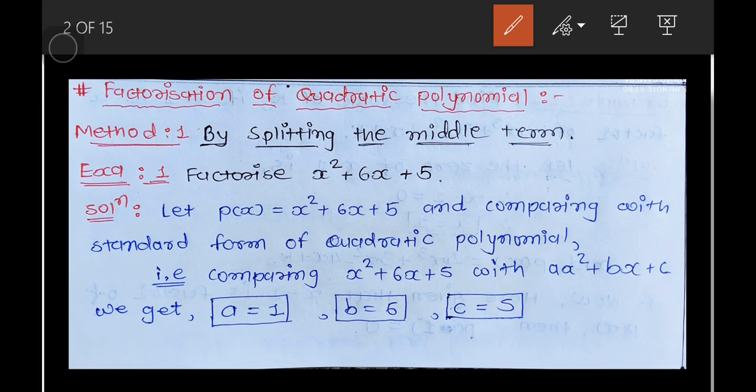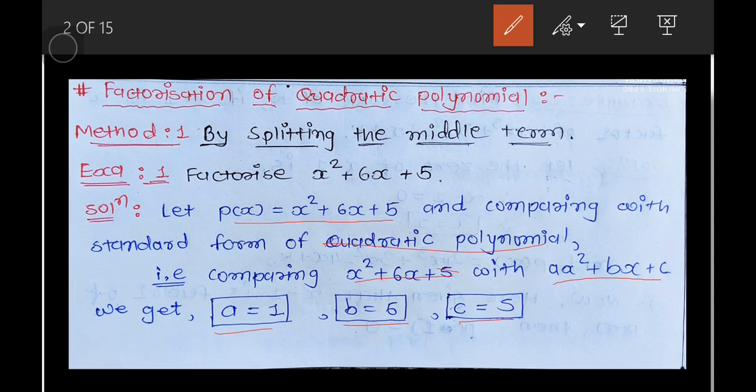Solution: let p of x is equal to x square plus 6x plus 5, and now we compare it with the standard form of quadratic polynomial, that is, comparing x square plus 6x plus 5 with ax square plus bx plus c, and we get a is equal to 1, b is equal to 6, and c is equal to 5. Now we use some steps to split the middle term, that is 6x.